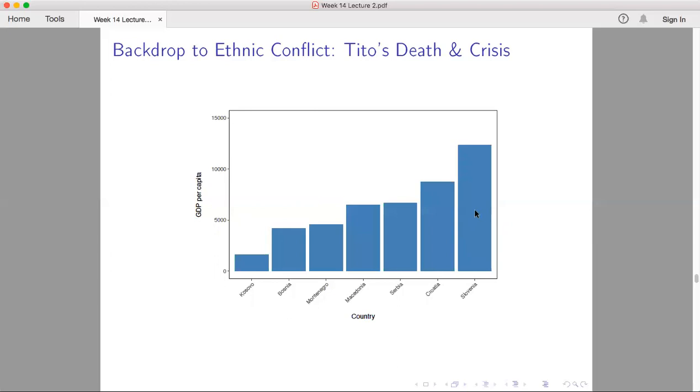So while Croatia and Slovenia were responsible for most of the economic growth in Yugoslavia, other areas like Kosovo and Bosnia were not doing that well, right? They had very low levels of GDP per capita. And interestingly enough, those places were the sites of huge ethnic conflict, in part due to these economic grievances that existed in the area.